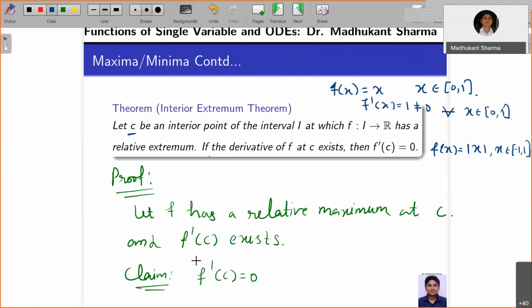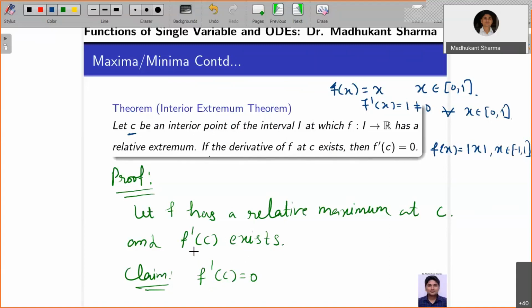Now, let's consider the case f dash of c is greater than 0. Look at the definition of f dash of c carefully. That is the limit of f of x minus f of c divided by x minus c. That limiting value being greater than 0 means the function will also remain positive in some neighborhood of c.